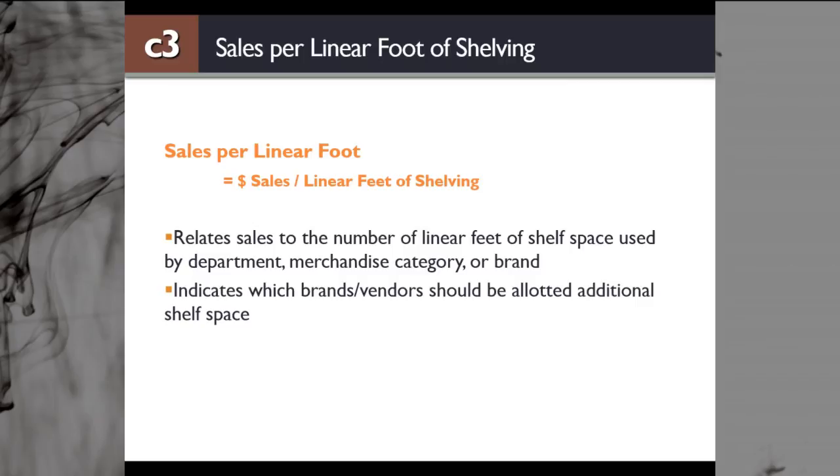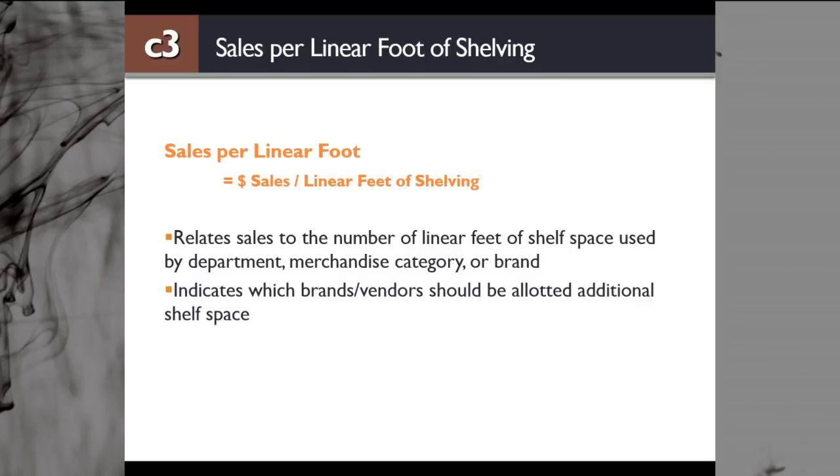This can be used by lots of departments and places that have shelves. Based on the shelf space, you can calculate the average sales that you made. It can be used in many different ways for the department, merchandise category, or the brand. You can think about which brand or vendor should be allotted additional shelf space.